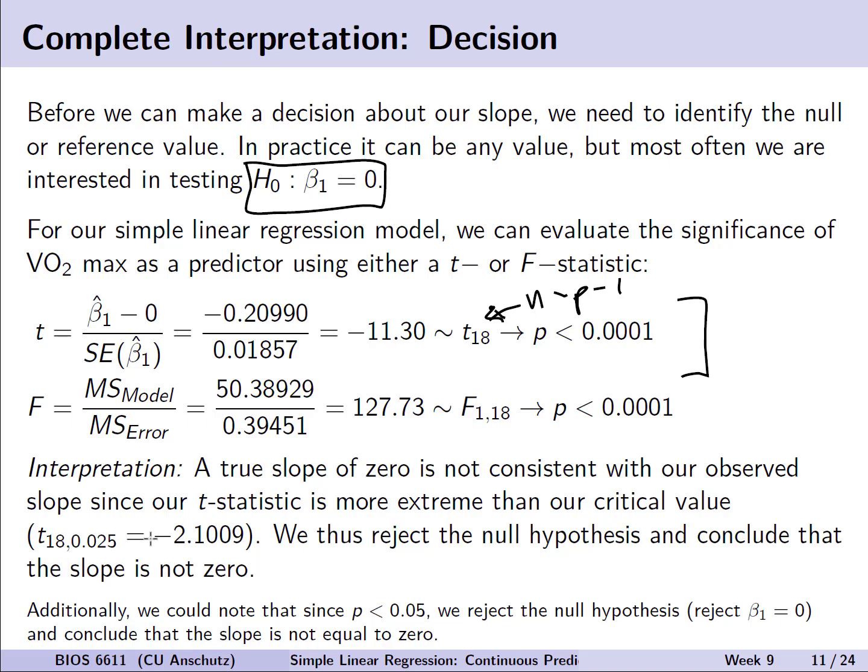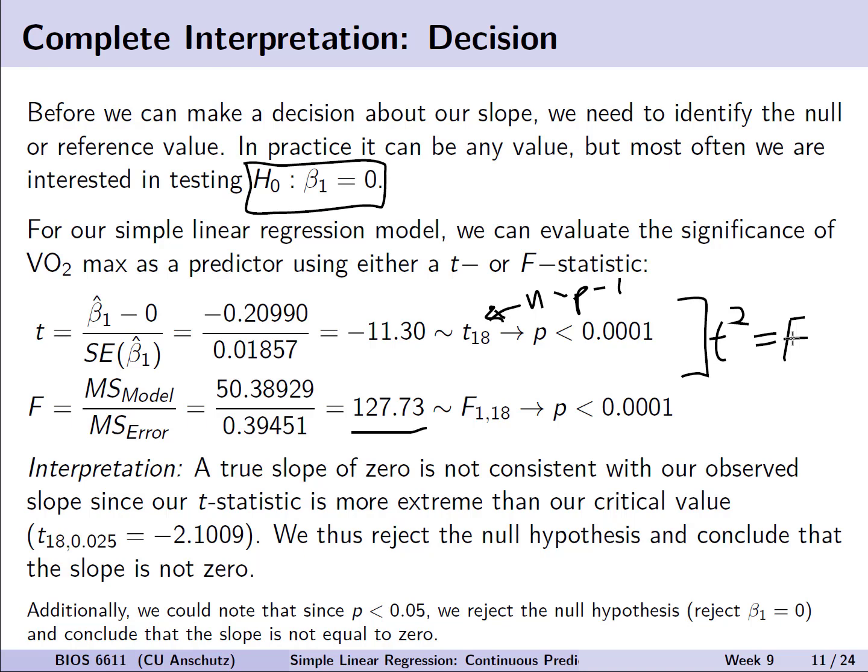We see we have a fairly large statistic at 127.73, which is approximately distributed as an F distribution with 1 and 18 degrees of freedom, corresponding again to a p-value less than 0.0001. Recall also from one of our past lectures, we have this relationship in simple linear regression where t squared equals F. Sure enough, if we take negative 11.3 squared, we get approximately 127.73.